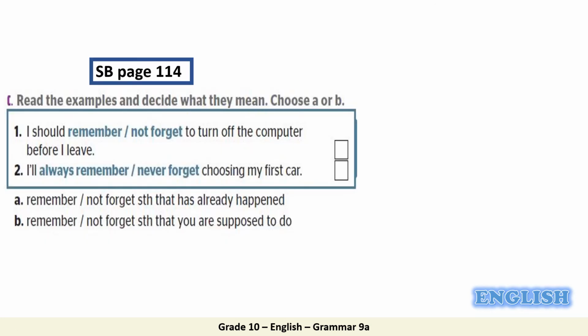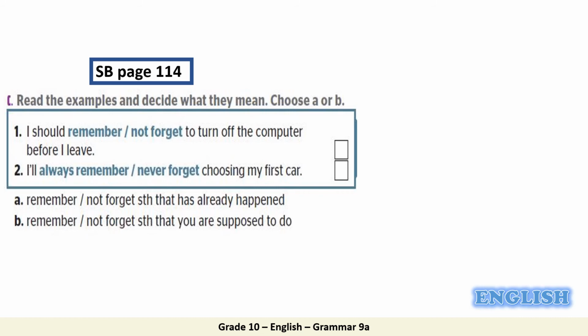Now, on the student book on page 114, we have the activity C. Read the examples and decide what they mean. Choose A or B. We have two sentences and two meanings. Number 1, I should remember or not forget to turn off the computer before I leave. Number 2, I always remember or never forget choosing my first car.